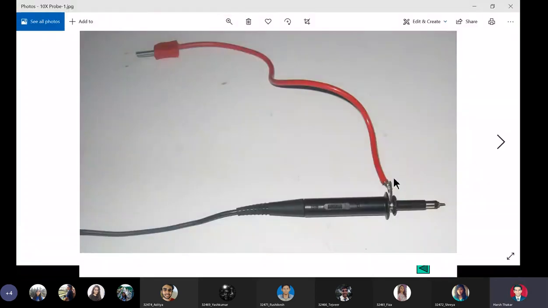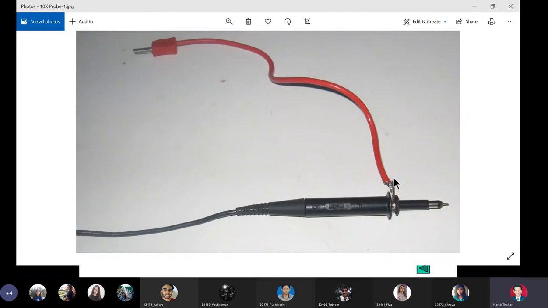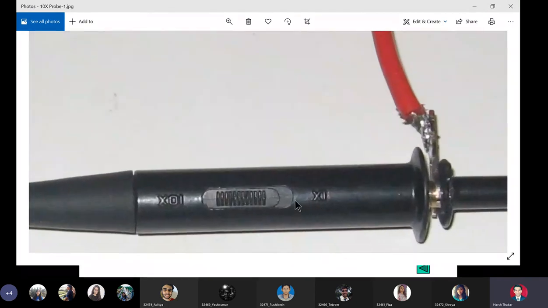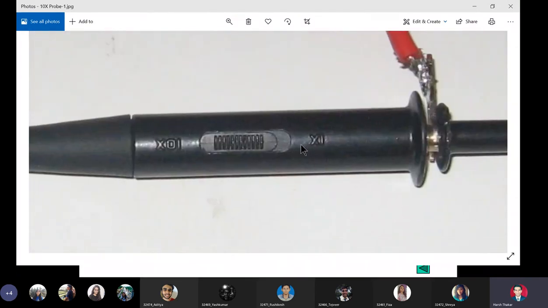So we see here, this is the 10x probe, and we can see clearly there is a switch. There are two positions of the slider switch, 1x and 10x. When I have the switch towards the 1x position, the probe will not attenuate. So if the output of the PE system is 50 volts DC, then 50 volts DC will enter into the oscilloscope.